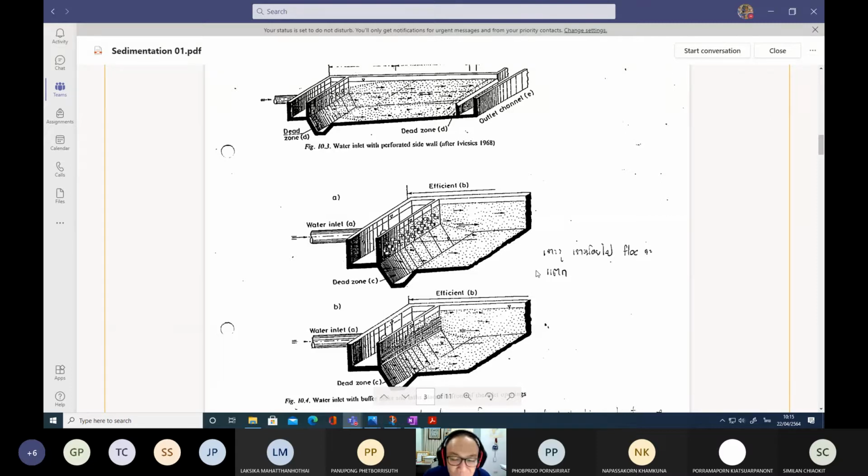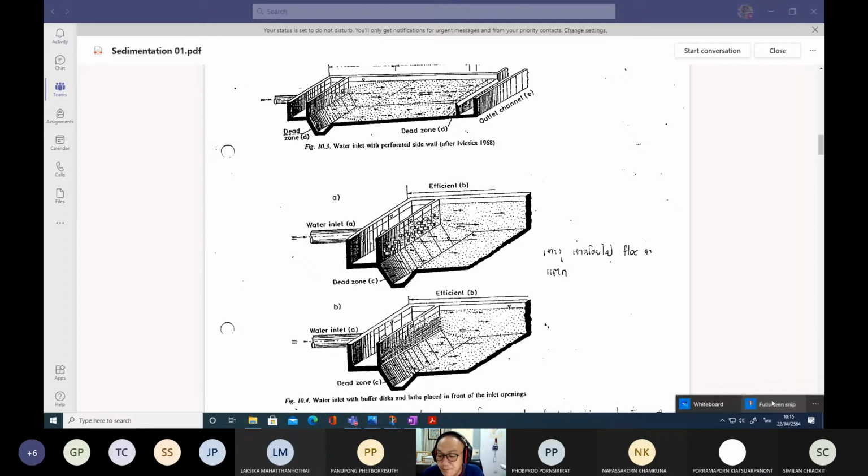So if you make a large hole, or you have several holes on the wall, water can pass through the holes smoothly, so very little mixing will be created. But if the size of the hole is small and you have fewer holes on this wall, a lot of mixing will be created, just like in the case of a pipe.